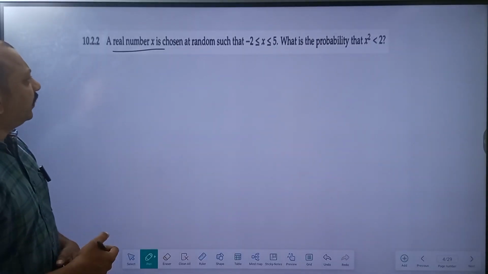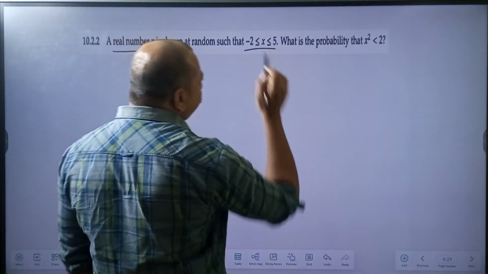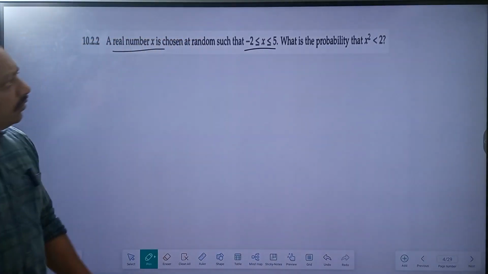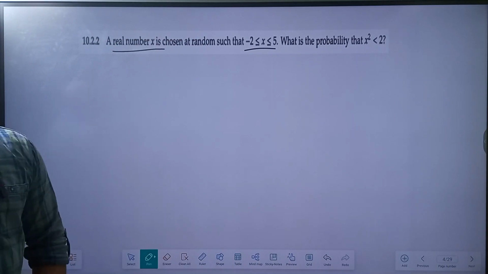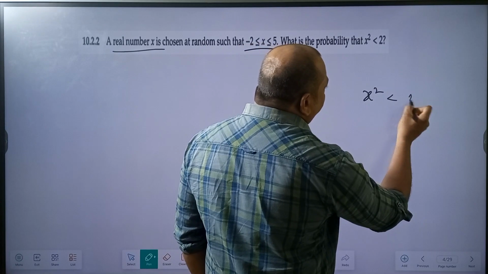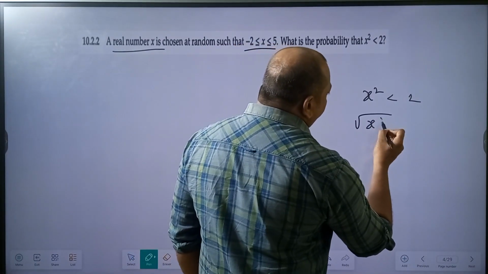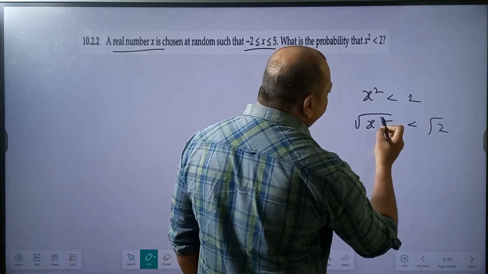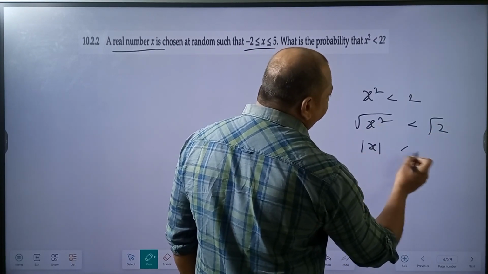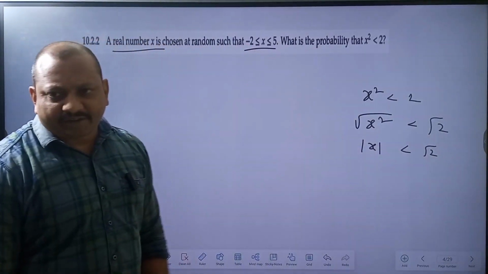Right. A real number x is chosen at random such that -2 to 5. What is the probability that x square is less than 2? Simple one. x square less than 2, take square root on both sides. Root x square less than root 2, so mod x is less than root 2.